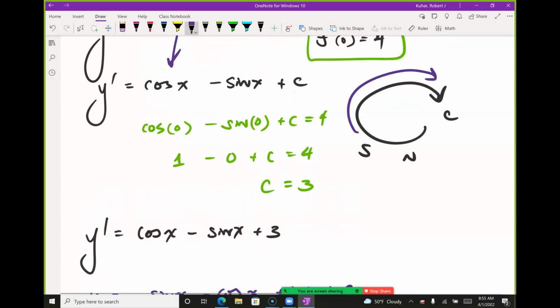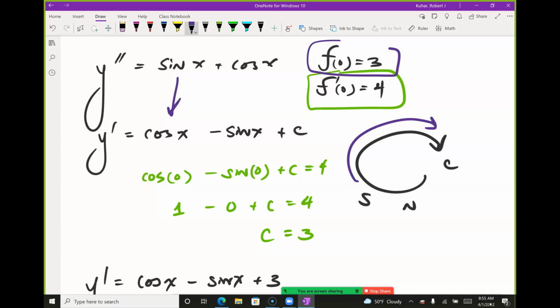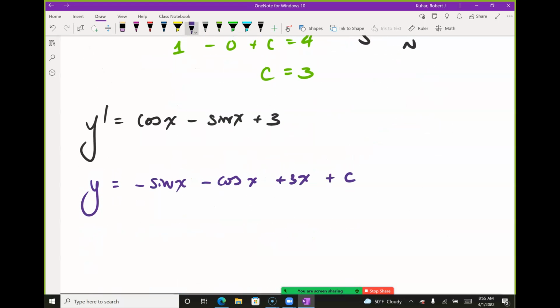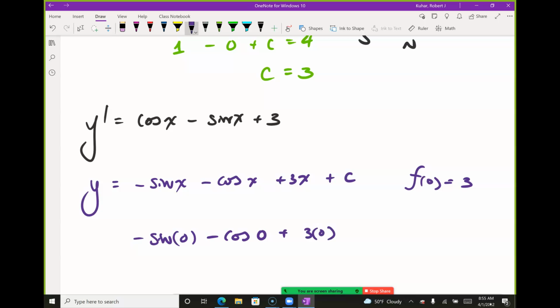And now I'm plugging in this information. F of 0 is 3, right? So I get negative sine of 0 minus cos of 0 plus 3 times 0 plus c equals 3.